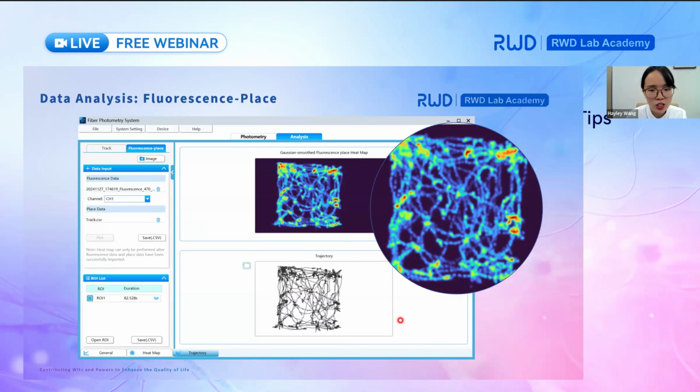In experiments such as the open field test and elevated plus maze, it is often important to analyze fluorescent signals in relation to the animal's location. So RWD's new fluorescence place heat map feature visualizes the relationship between the behavior position and the fluorescence intensity.